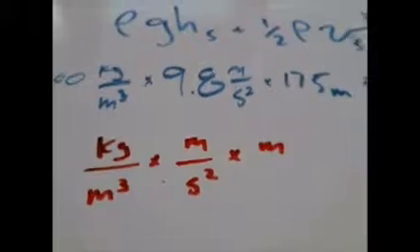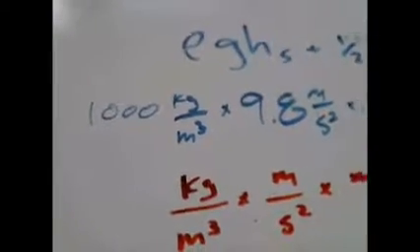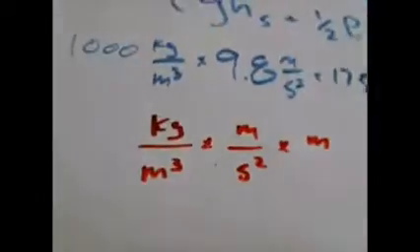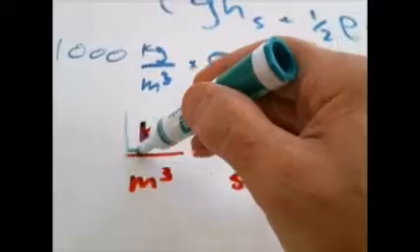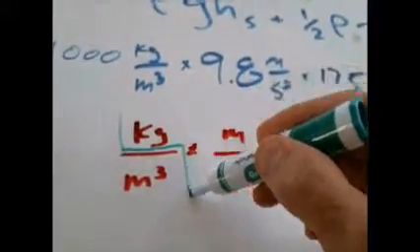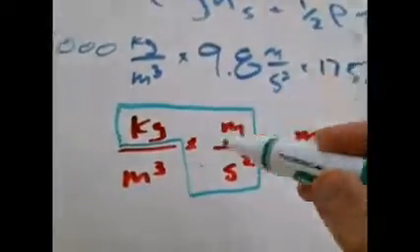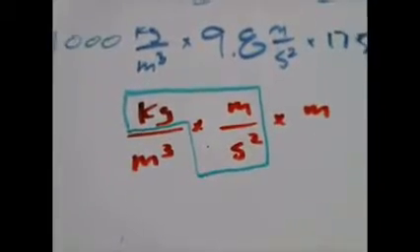And it's interesting, again, to note what happens to those units. The first thing I'm going to do is combine them in a somewhat strange manner. I'm going to take this kilogram and combine it with that meter per second squared. So there's kilogram meter per second squared.